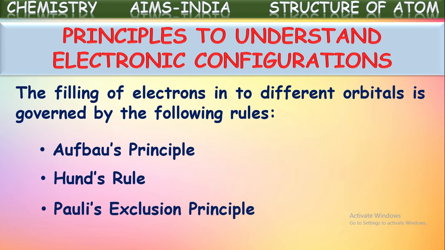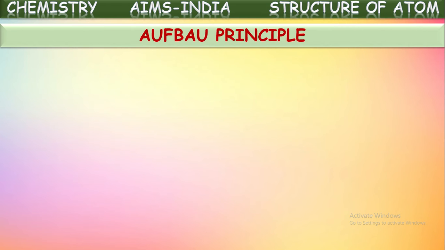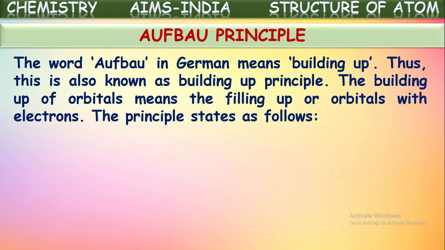Okay, first let us see these principles. First among them is the main principle, or Aufbau principle. The word Aufbau in German means building up. Thus, this is also known as building up principle or building up rule. The building up of orbitals means the filling up of orbitals with electrons.